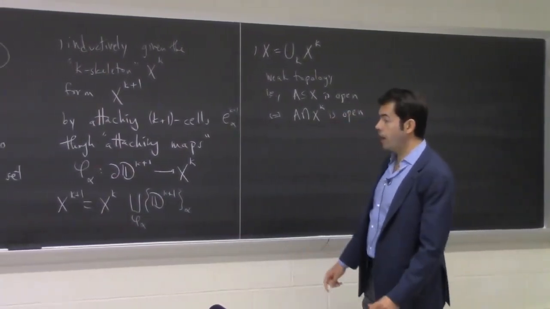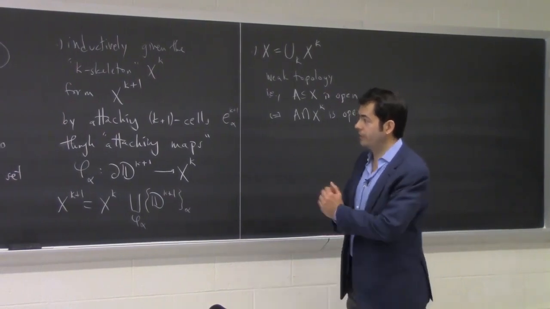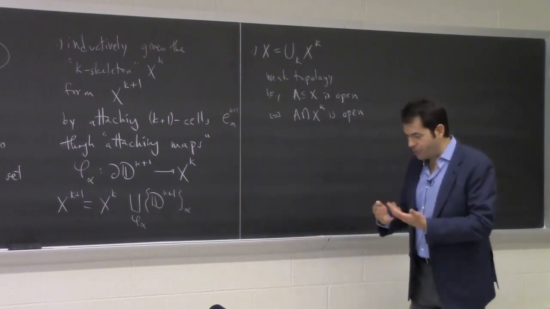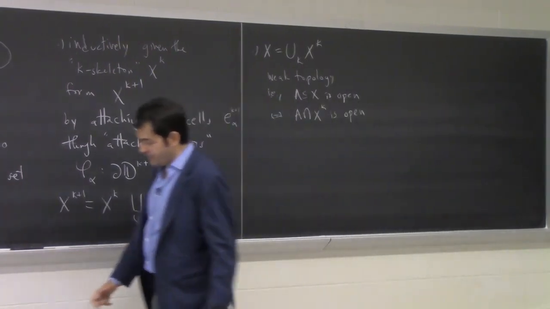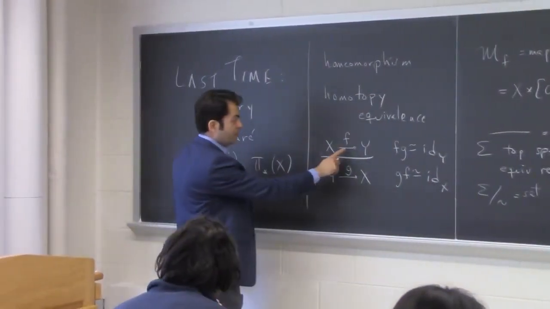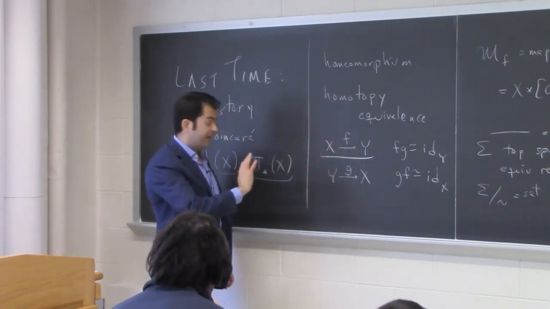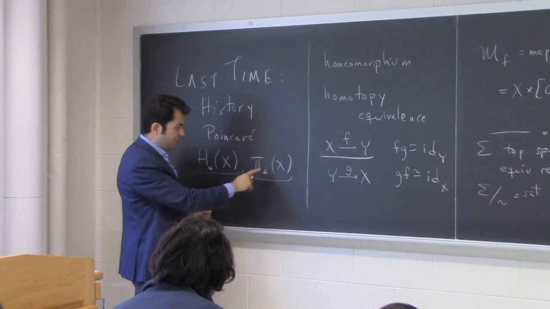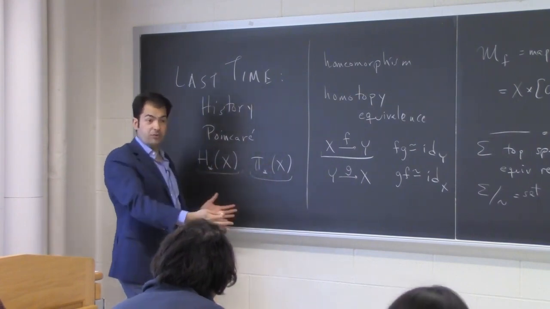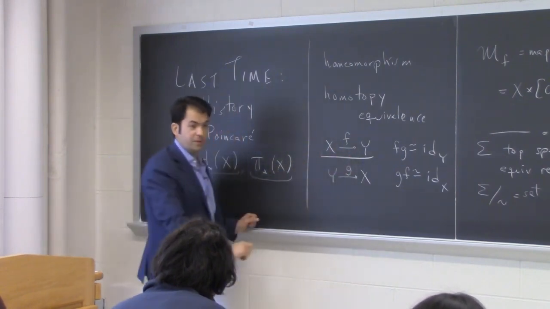So why? Well, really because this is where our tools work. When you want to prove something, for example, there's this wonderful theorem where you want to show that a map is a homotopy equivalence, right? And what you can show, perhaps, is that the way it acts on these groups is always an isomorphism. And you want to know, well, is that enough to say that the map is a homotopy equivalence?